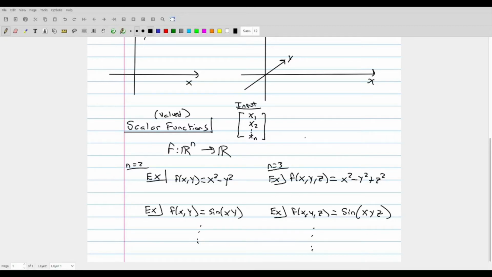The output of this function is just whatever the function value is. Very often I'll say that w is the output, so we'll just use w as a symbol, and this is what the book does. And this is equal to whatever the function is of x1, x2, x3, and so forth.